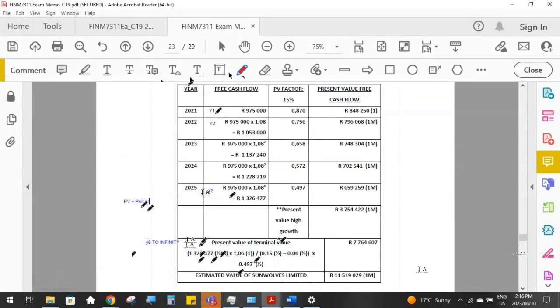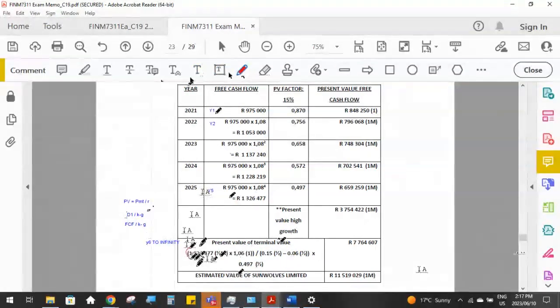This part is the same as our dividend growth model, which, instead of PMT over R, for valuing a share, we say is D1 over K minus G. With this one, instead of D1, which is a dividend, we say it's the free cash flow over K minus G. So the last free cash flow, the 1,326,477, which was year 5, we want to know what year 6's cash flow is.